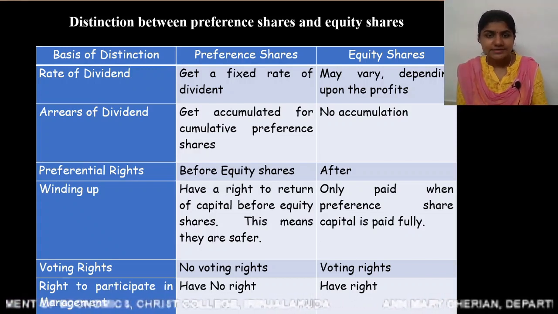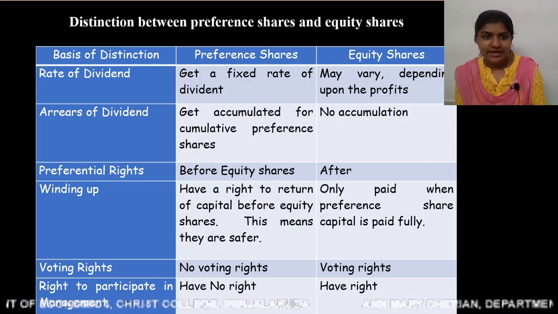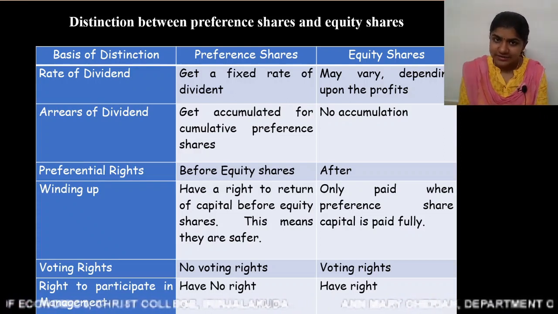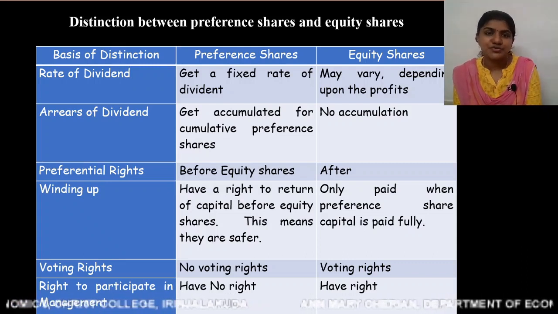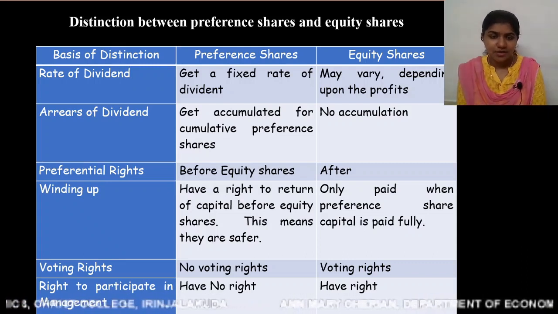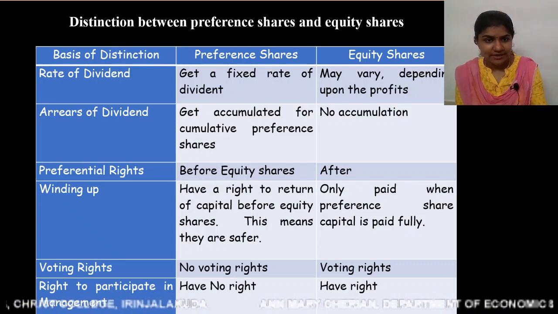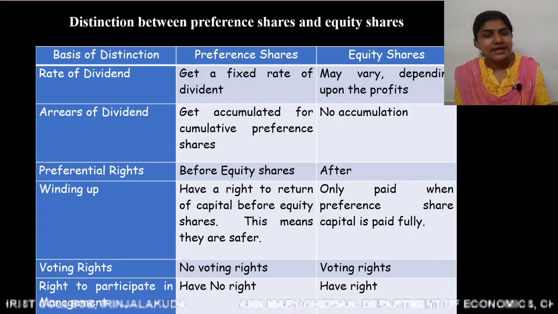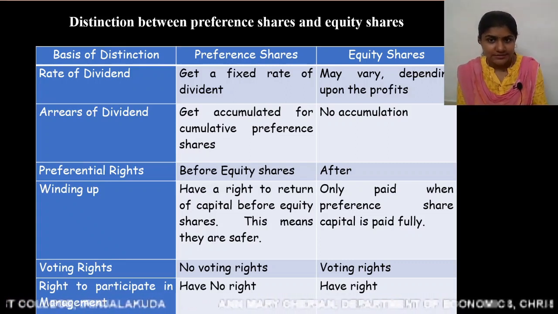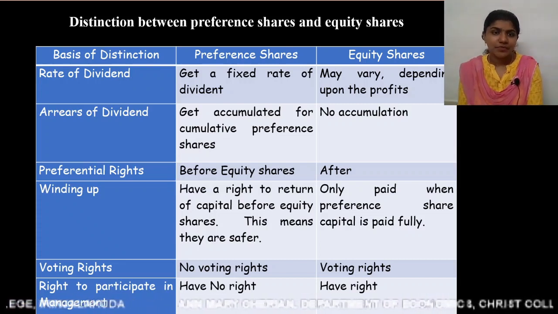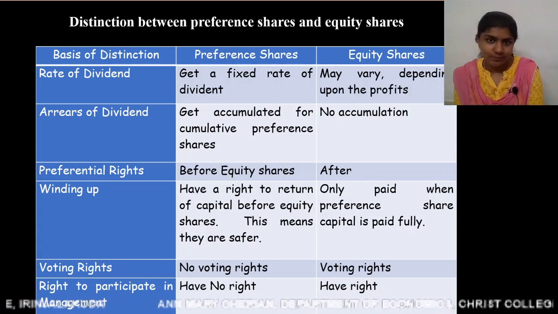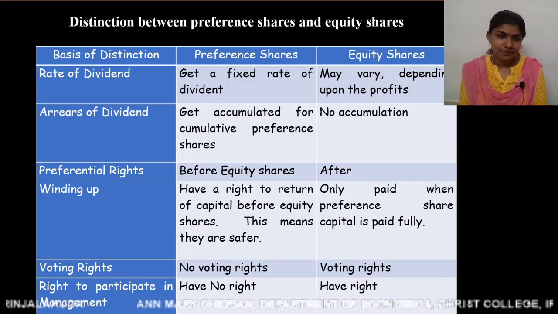So we can say that preference shares have a right to receive arrears of dividend, whereas equity shares have no right to receive arrears of dividend. So in case of cumulative preference shares, arrears of dividend get accumulated, whereas in case of equity shares, no arrears are accumulated.